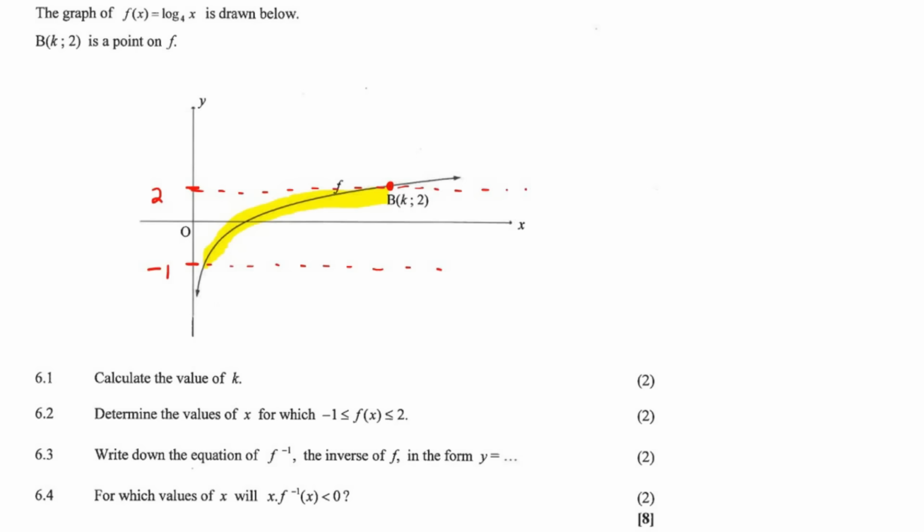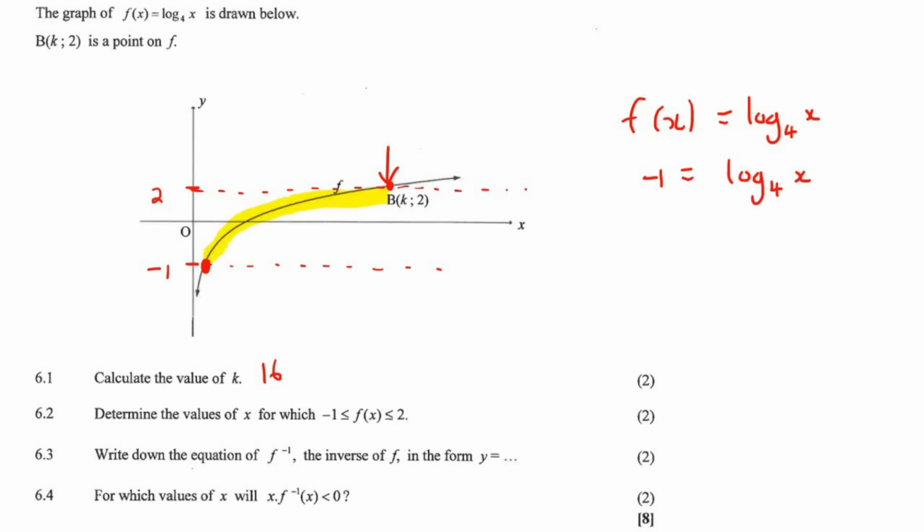So what we need to do is we already know the x value over here. So we know that that x value is 16, because that's what we got in the previous question. But we don't know the x value here. But we do know the y value is -1. So we can just tell this graph, hey graph, did you know that your y value is -1 over there? But can you just tell us what your x value is, please?